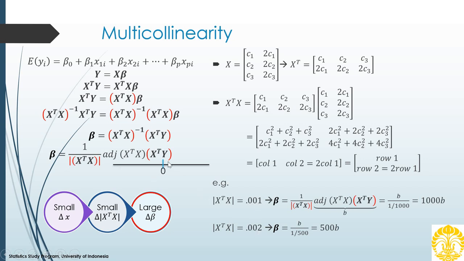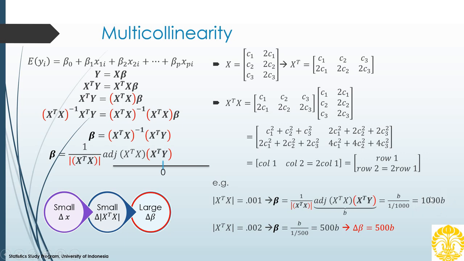That's just a really small change for a determinant around 0. So now beta is actually 500b, which is a very big change in the estimated beta. For example, previously, let's say b equals 1.